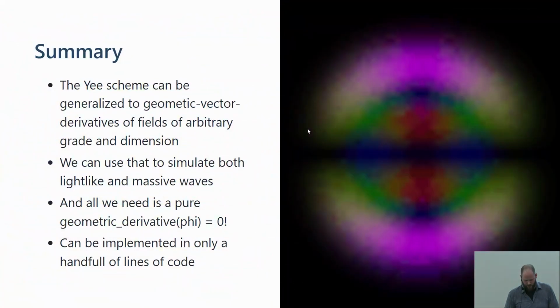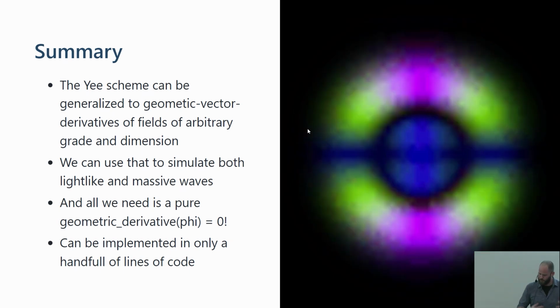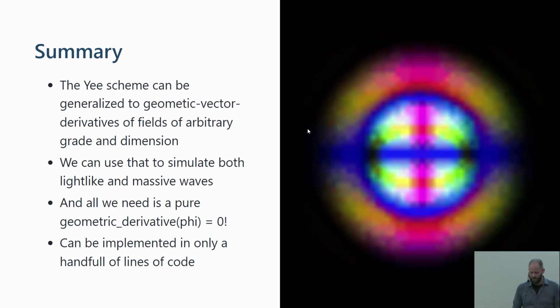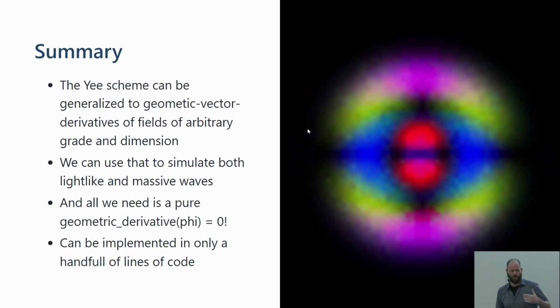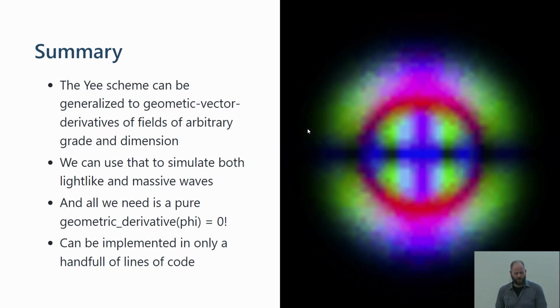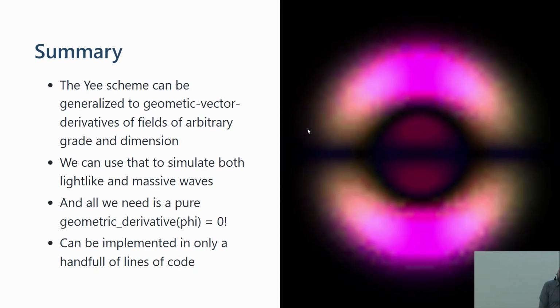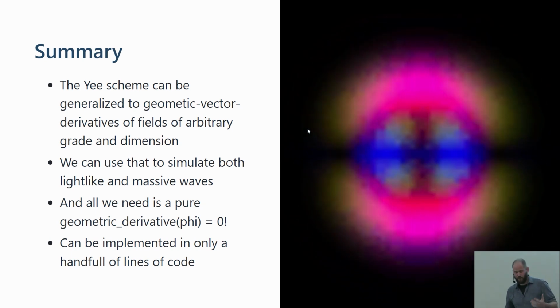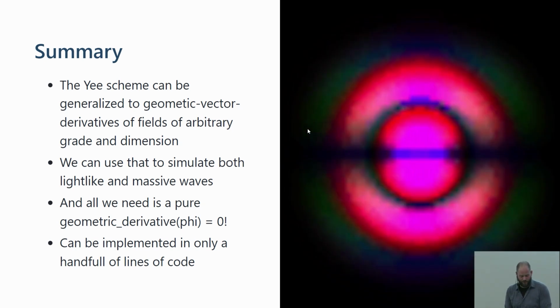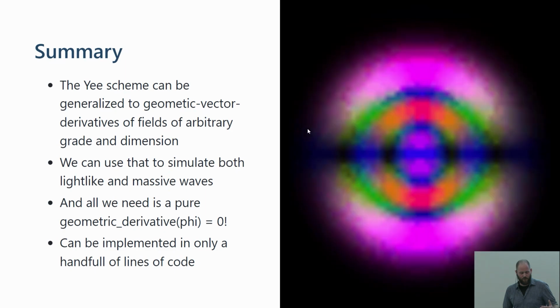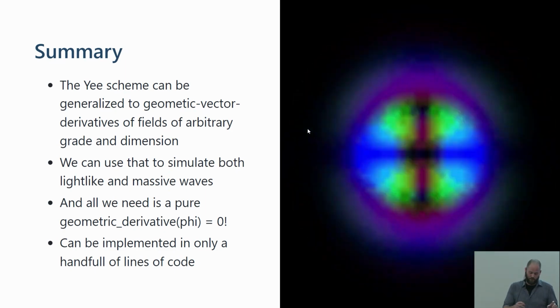I'm already sort of at my summary. So yeah, indeed, the Yee scheme can be generalized to geometric vector derivatives of fields of arbitrary grades and dimensions. We can use that to simulate both light-like and massive type of waves, if you will. And all we really need for that is a geometric derivative of phi is 0.